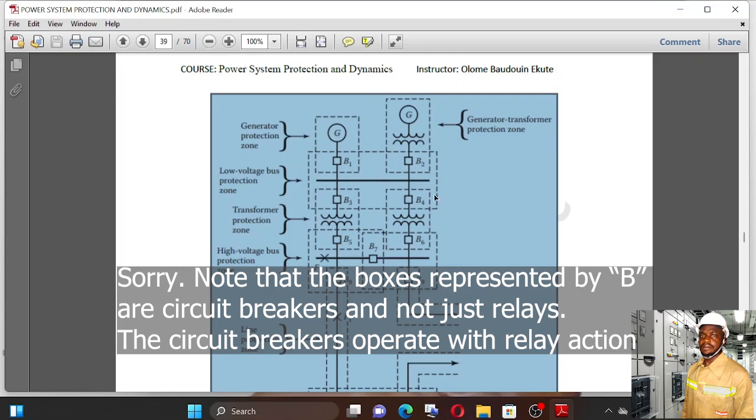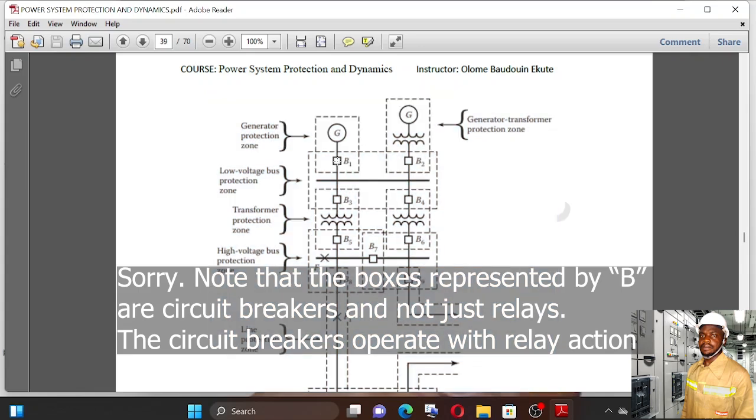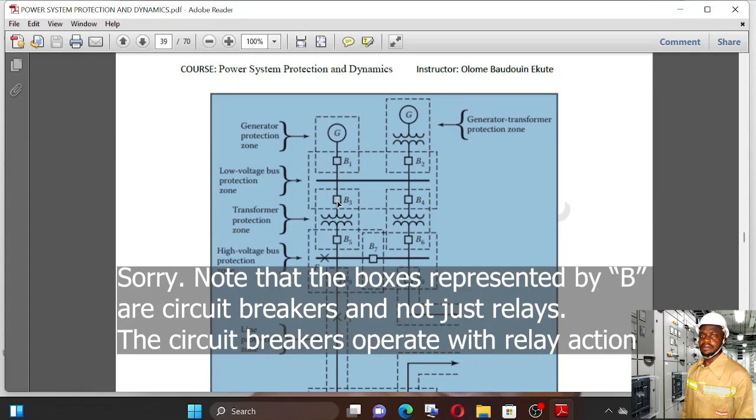The condition for a bus is that you must have a protective relay before and after the bus. That's why we see on this line there is a relay before the bus and after the bus. You see also on this other line there is a relay before the bus and after the bus.